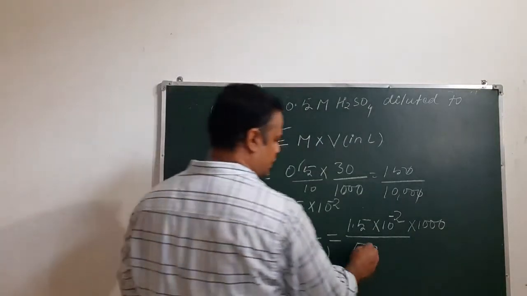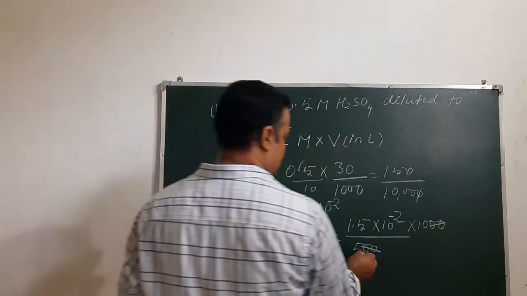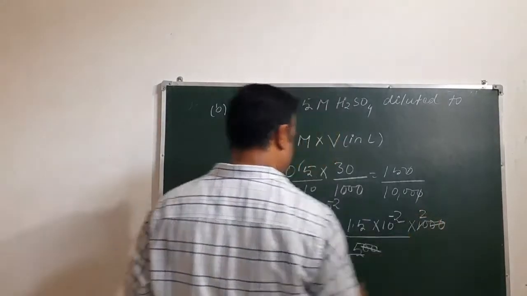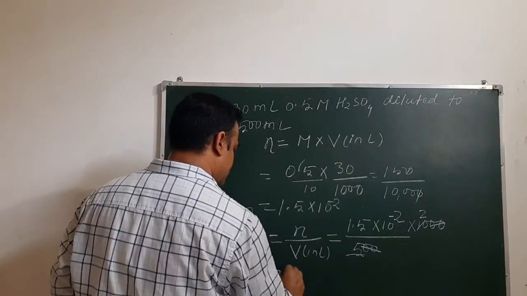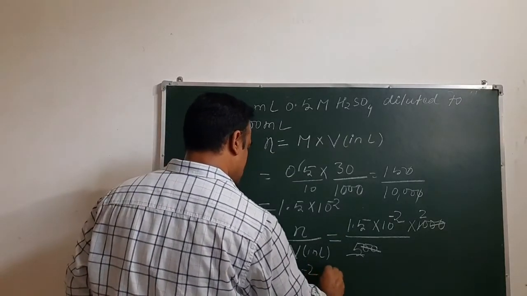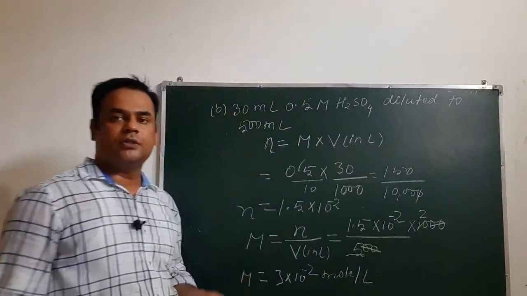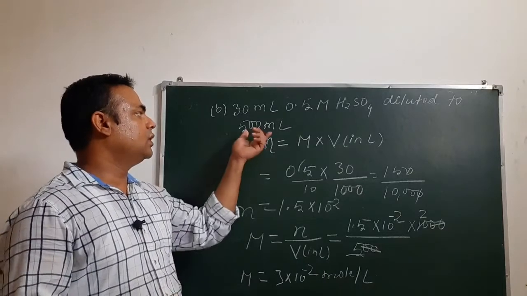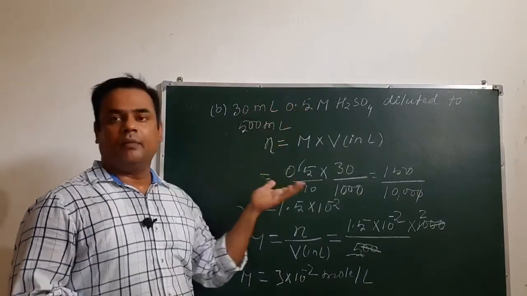So from here we can solve. 0 cancel, 5 into 2 is 10, and 1.5 into 2 will be 3, so 3 into 10 to the power minus 2 mole per liter. So this is how we can calculate the molarity of any solution by diluting it.